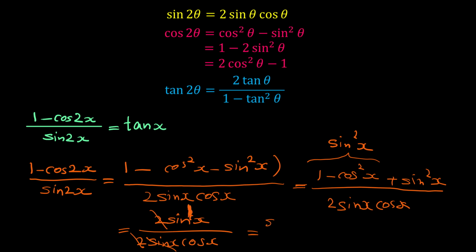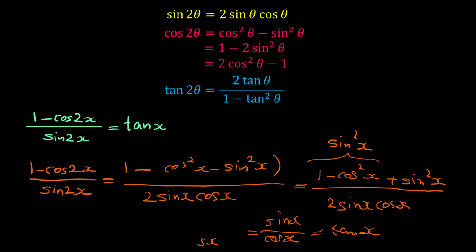Now we have sine x over cosine x, and sine over cosine is tangent x. So as you can see, using the other formula for cosine, we can also get the desired result and get to the other side. But of course, if you use the better substitution, you can get to the other side easier and faster.